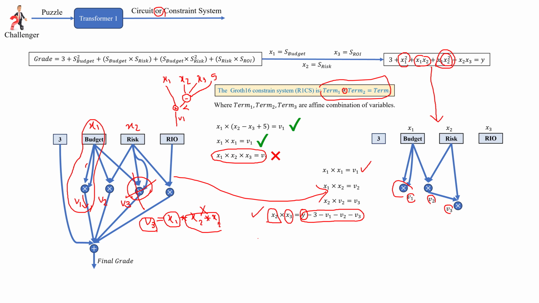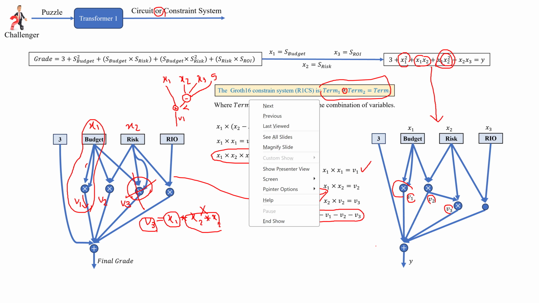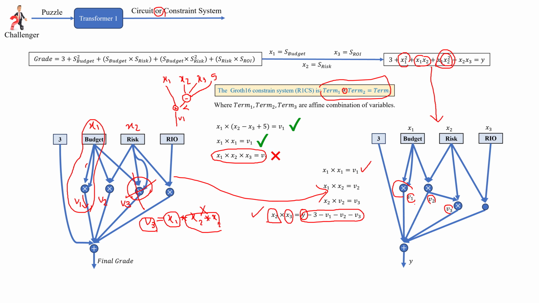And we want to design this constraint in the form of a gate in our circuit. Now we have this addition gate that adds all of these values, and this is a multiplication, x2 multiplied by x3, right?